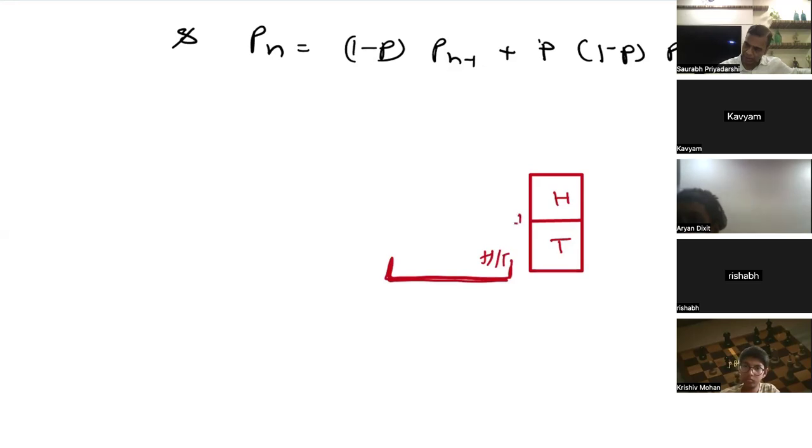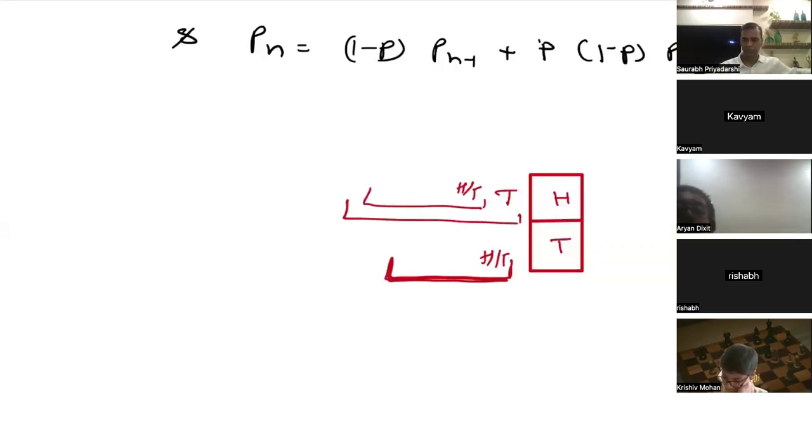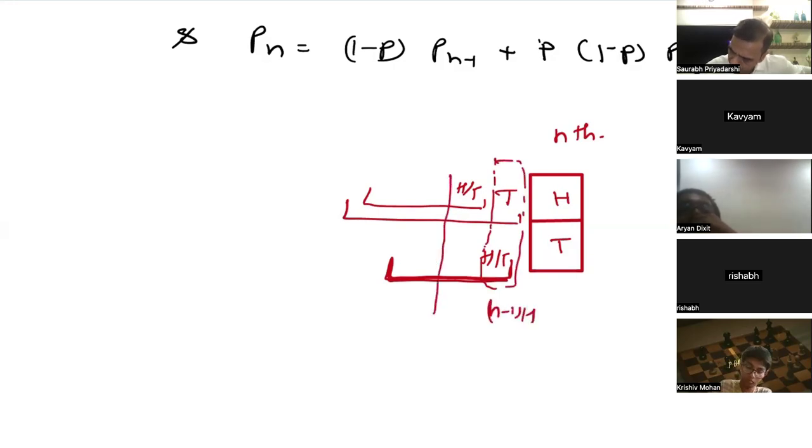But in this case, here the second last term must be tails, and before that it can be either heads or tails. That's why we get P(n-2) and 1 - p for the second last term. This is the nth trial, this is the (n-1)th trial, and this is the (n-2)th trial, right?